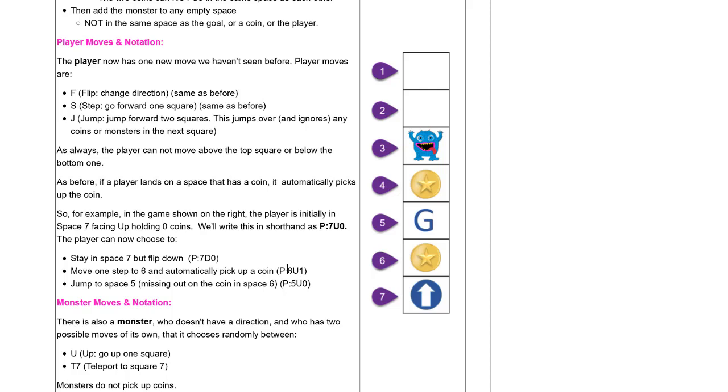So now they are 6 facing up with 1 coin, or they can jump to space 5, missing out on the coin on space 6. So in space 5, U is facing up and 0 is the number of coins they have.